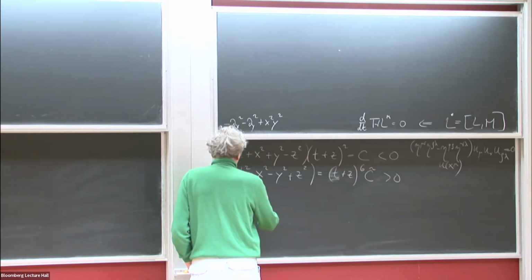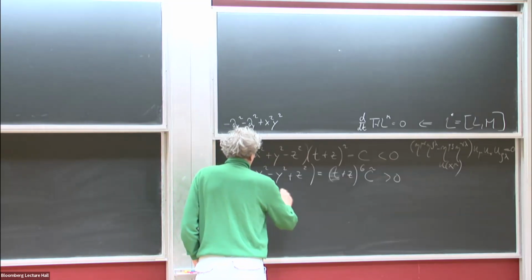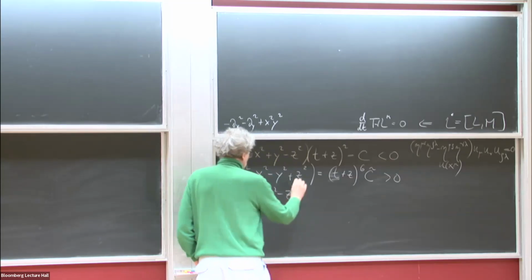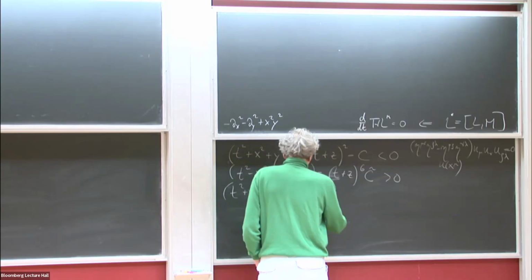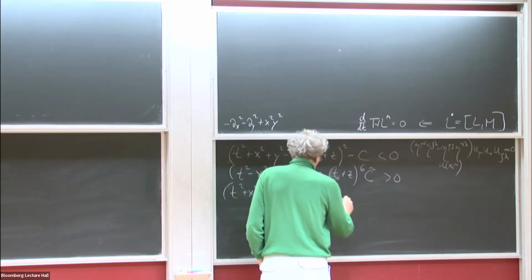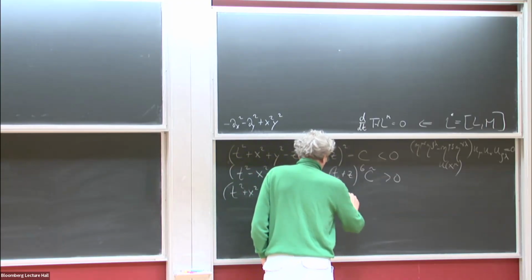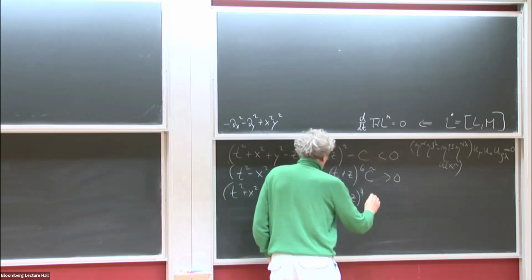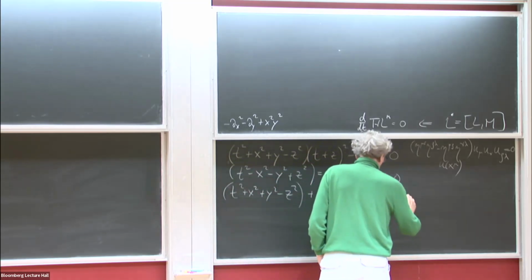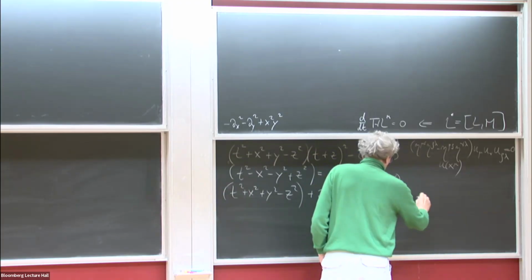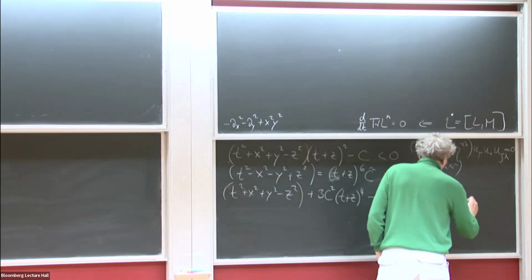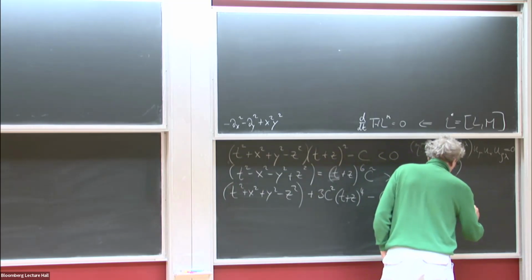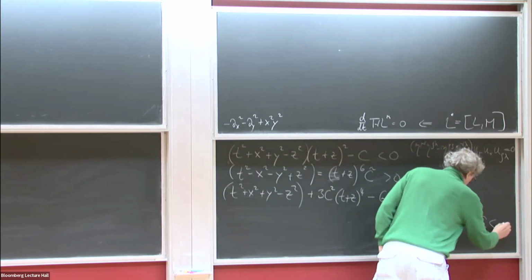T squared plus x squared plus y squared minus z squared plus 3c squared t plus z 4 minus 6c plus z squared square root of x squared plus y squared equals 0 and c smaller than 0.